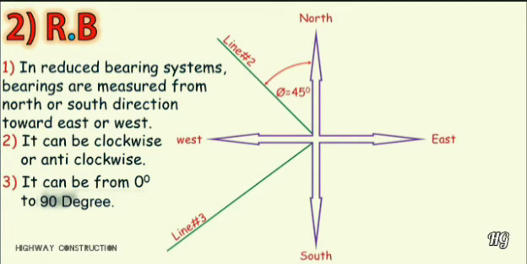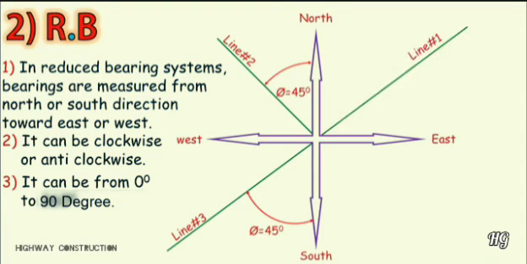How should we measure the bearing of line number 3? Remember, this should be clockwise from the south, just like in this form. It's adjacent to the south, right? And line number 2 is near to the north. That's why we are taking these measurements in this form. And this is approximately 40 degrees also, right?